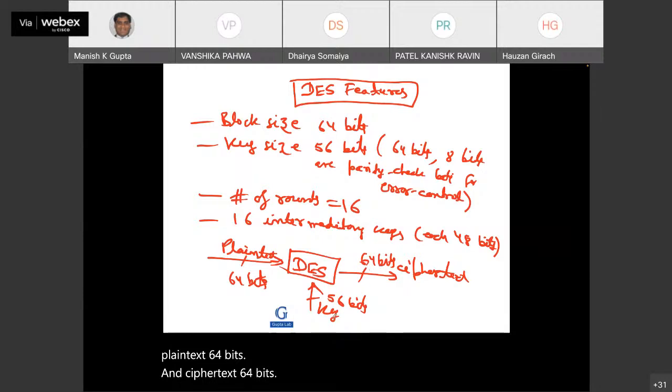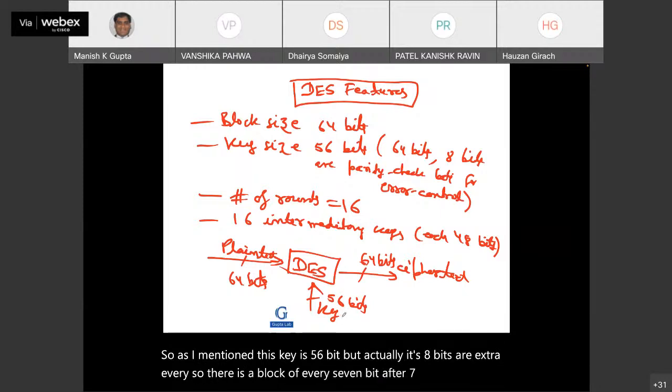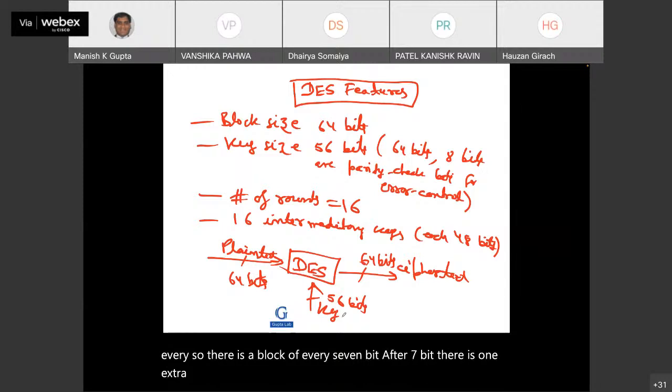As I mentioned, this key is 56 bit, but actually the 8 bits are extra. So there is a block of every 7 bit. After 7 bit, there is one extra bit, which is parity check bit. So total are 64 bit here also.